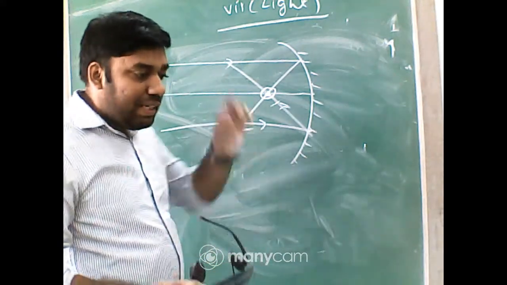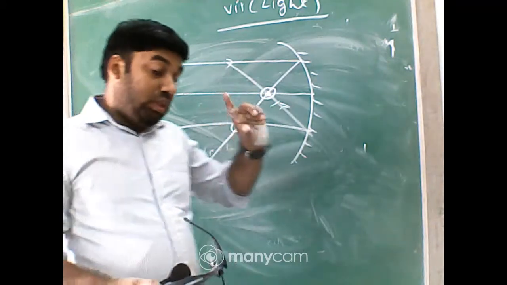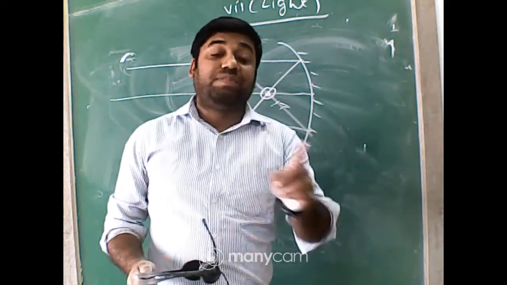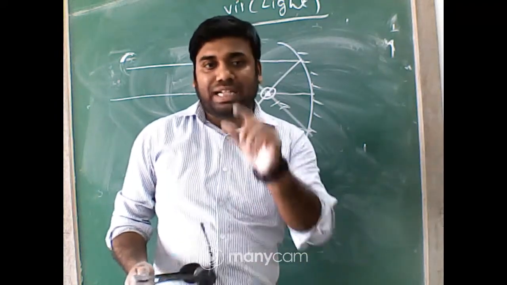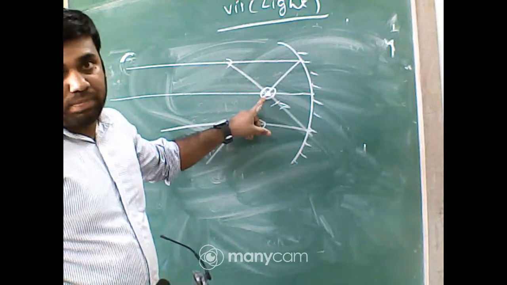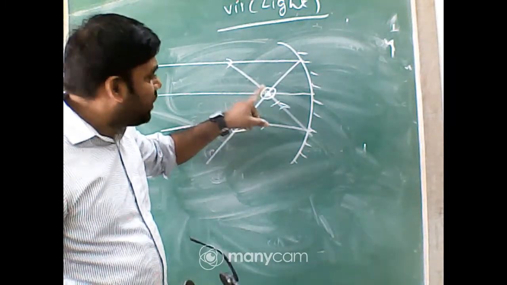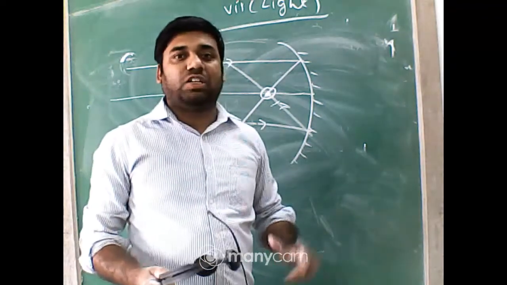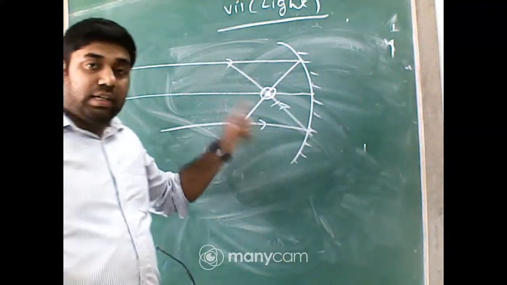The reflected rays actually meet at a point, and the image is formed where the reflected rays intersect each other. That place is where the image is formed, here in this position. So the image is produced by actual intersection of reflected rays, and that type of image is called a real image.